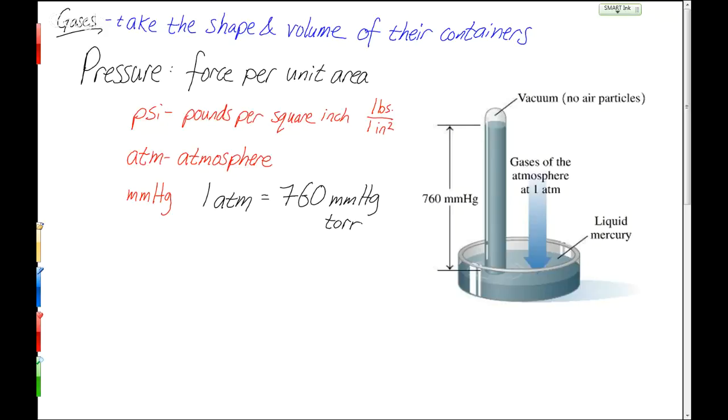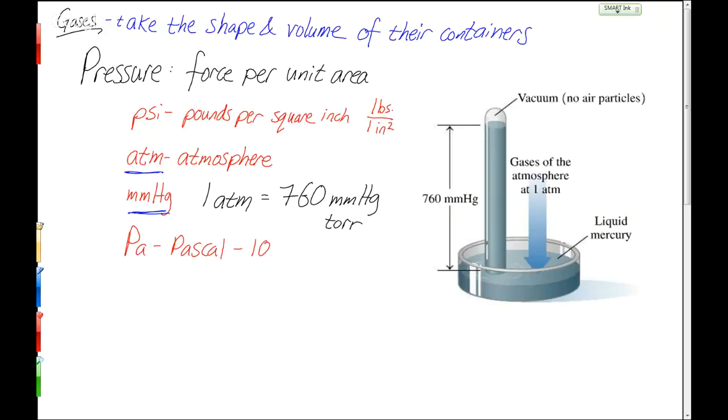There's another pressure unit in the metric system called the Pascal. We probably won't use that one as much, but we might as well list it here. Here are the important ones: the atmosphere, the millimeter of mercury, and also the Pascal.